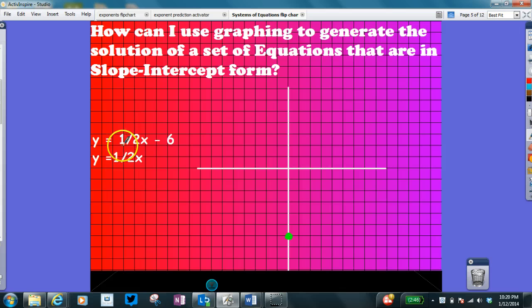That means I have to rise 1 and run 2. Not run 1, but rise. Up 1 over 2. Positive, positive 1, 1, 2. Up 1 over 2.